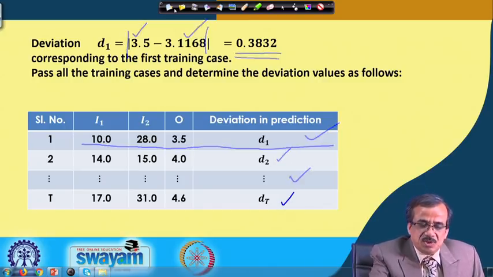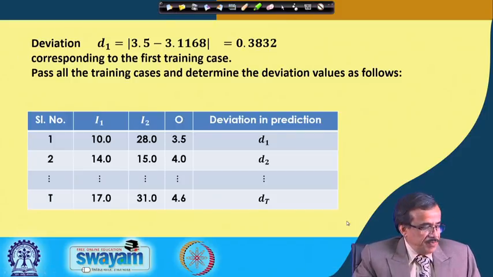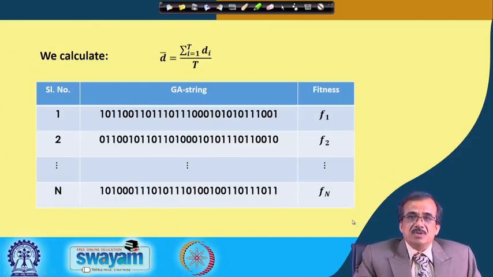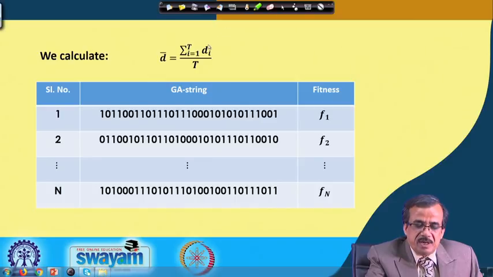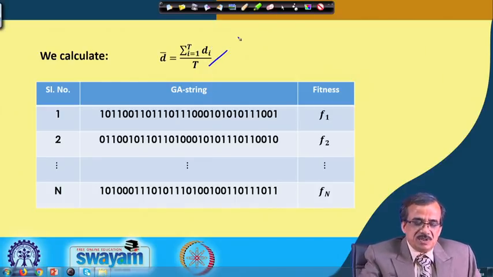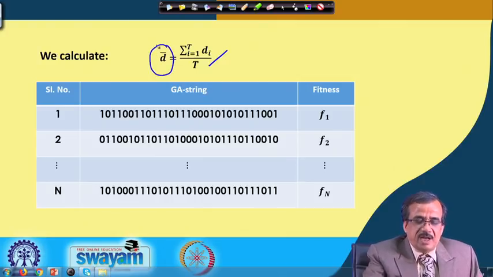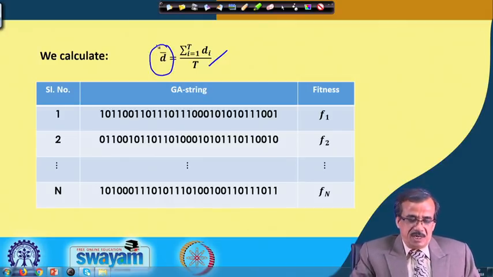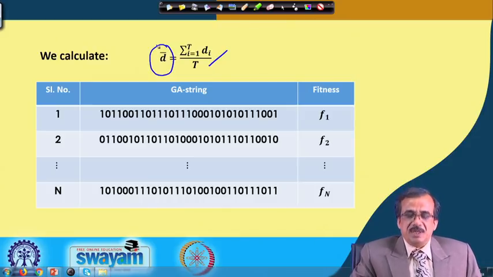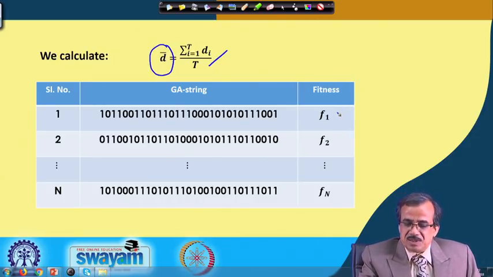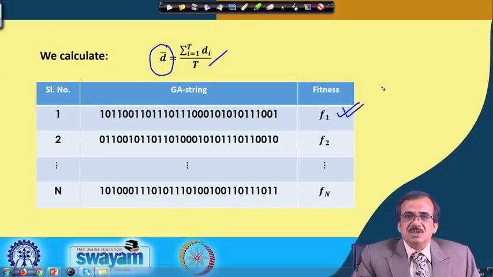After that, what we do is find the total deviation, which is divided by the number of training scenarios, and that is nothing but the average deviation. This average deviation is nothing but the fitness of this particular first GST.